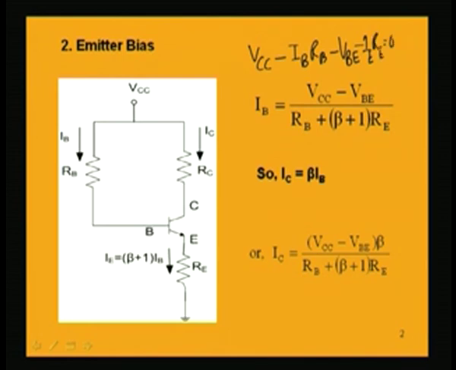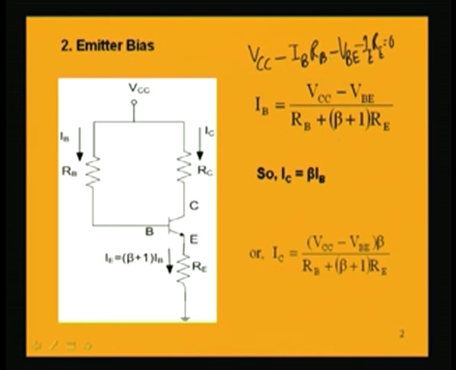This is Kirchhoff's voltage law in this loop. Now if we express the emitter current IE equal to beta plus 1 times IB, then we get the expression for the base current IB equal to VCC minus VBE divided by RB plus beta plus 1 into RE.